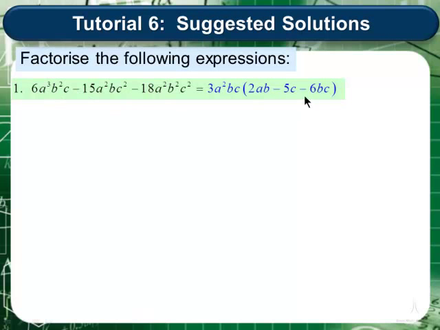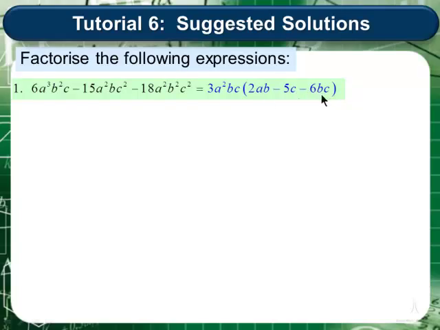In the first problem, we had to find the greatest common factor and factorize the expression as it is given, 3 terms, and in this case, if you look carefully, the greatest common factor will be 3 times a squared times b times c. Taking that from each term, we remain with, and you put the brackets for the second factor, 2ab minus 5c minus 6bc.